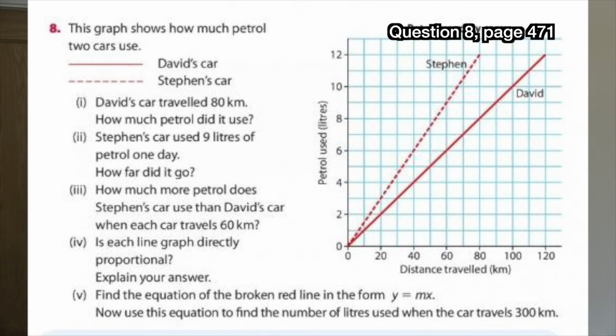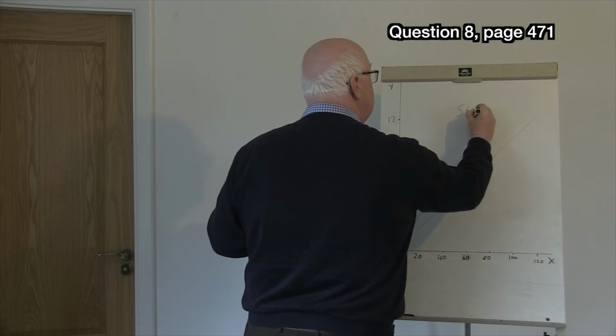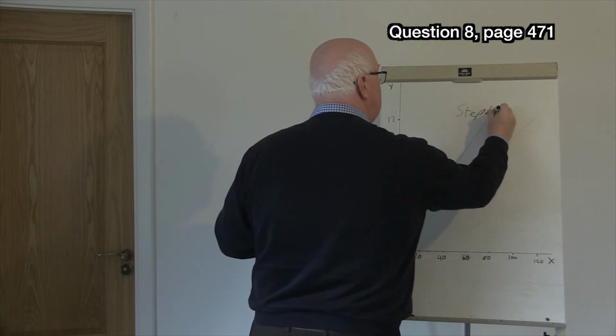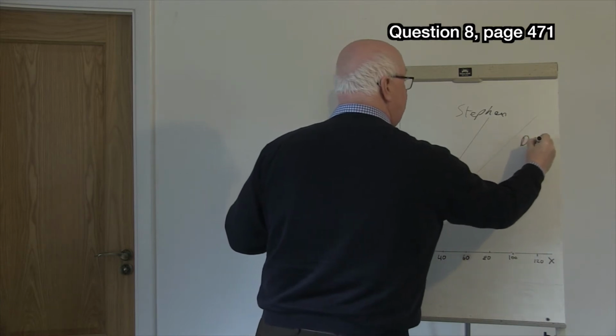Now moving on to question 8, and I just do one question in this section because this is the last question in the section, and I'll get you, the students, to cover all the others, but it's quite easy. This graph shows how much petrol 2 cars used. So we have Stephen up here, S-T-E-P-H-E-N, and then we have David here as well, D-A-V-I-D.